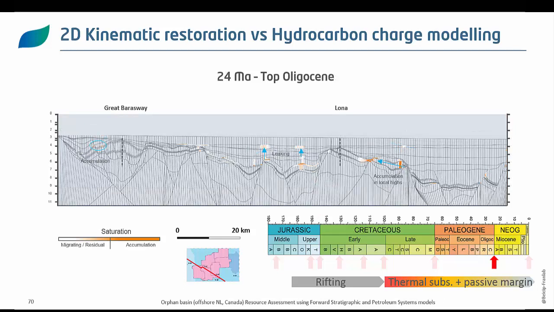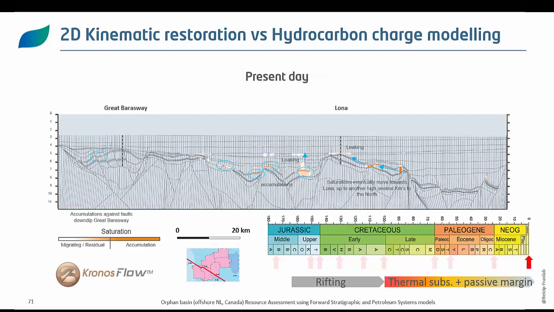Top Oligocene view: the accumulations are stuck here against deep faults at Great Barras Way. In the central area, some leaking happens to the tertiary levels, and local highs, or Lona, are actually concentrating more and more hydrocarbons. Eventually, at present day, things did not really change in Great Barras Way.